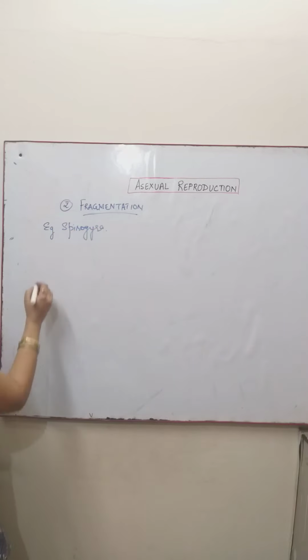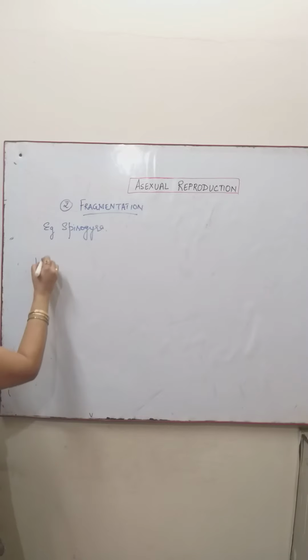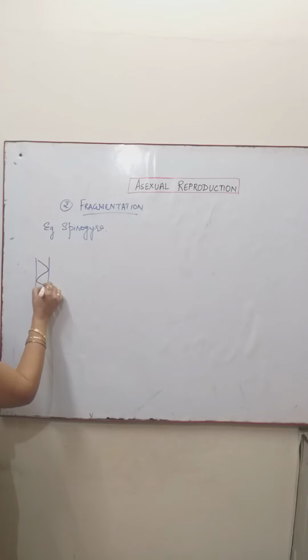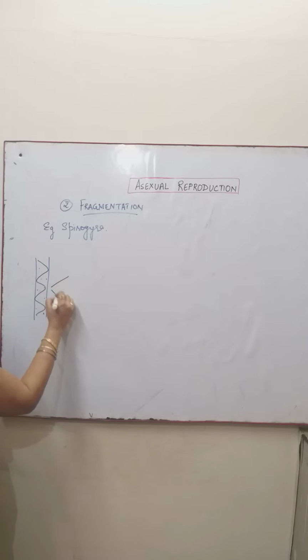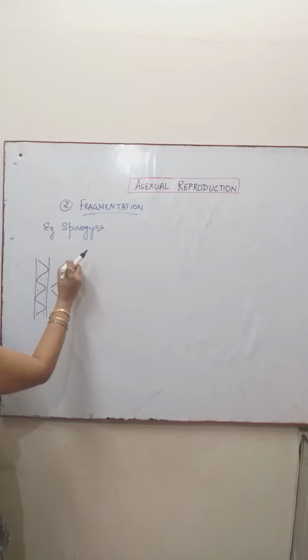This is the filamentous body of the Spirogyra, which we see in the case of Spirogyra. On maturation, this will break up into 2 portions.